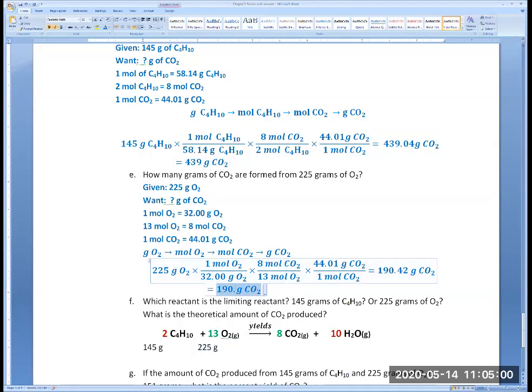So let me write this. So the limiting reactant is, I will write it like that, but it means O2, right? Oxygen, well, let me make sure, O2.